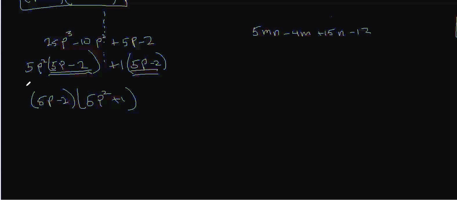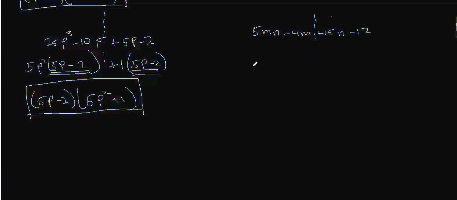And we have our only factors. As you can see, this next one is probably going to be the same type. Again, look for the common factor. Sometimes you have to rearrange them a little bit. I don't believe you have to do that here. So let's finish this one off.